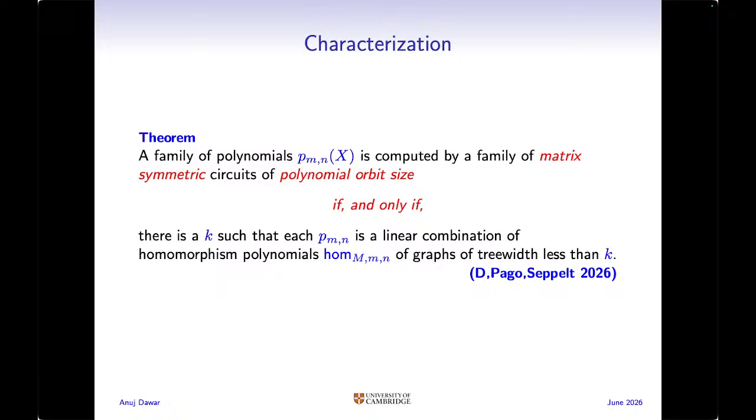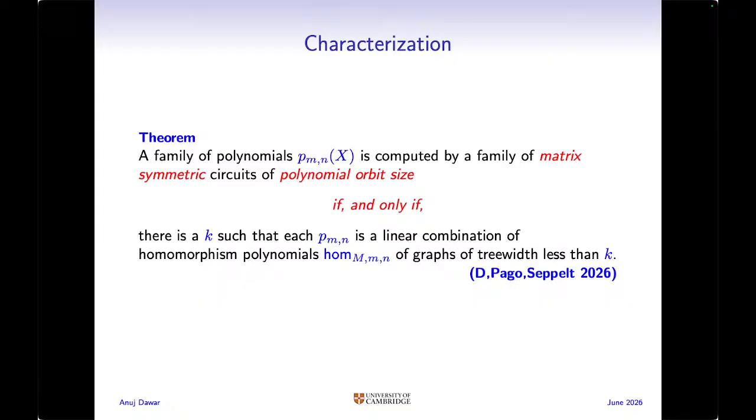Basically, a family of polynomials is computed by a family of matrix-symmetric circuits of polynomial orbit size, as I said, a complete characterization, if and only if there is some constant k, so that each polynomial is a linear combination of homomorphism polynomials taken from graphs of tree width at most k. So you know that tree width that came in our lower bound proof is in some sense not accidental. It is inherent to this notion of polynomial orbit size. Okay, so I wanted to conclude there.